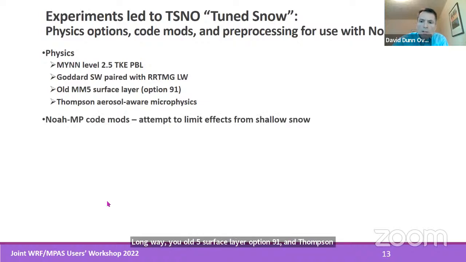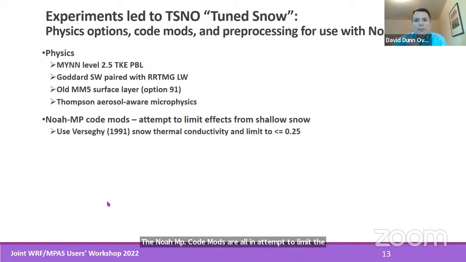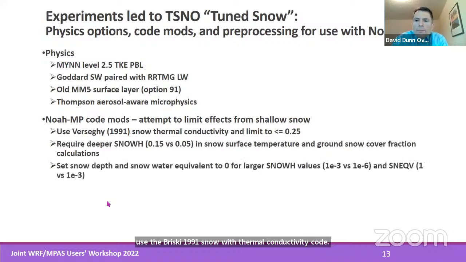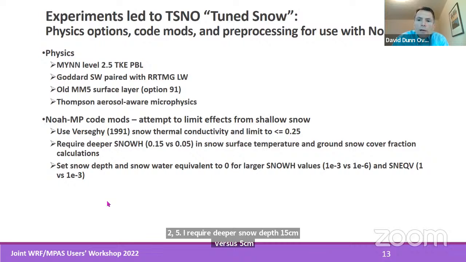The NOAA MP code mods are all an attempt to limit the effect from shallow snow. I used the Verseghy 1991 snow thermal conductivity code, but I limit it to be less than or equal to 0.25. I require deeper snow depth of 15 centimeters versus 5 centimeters in snow surface temperature and ground snow cover fraction calculations.